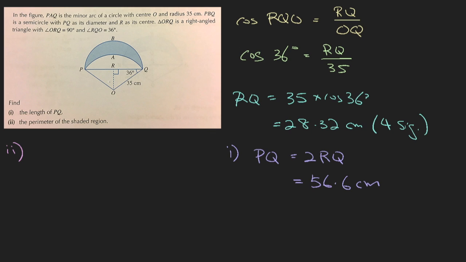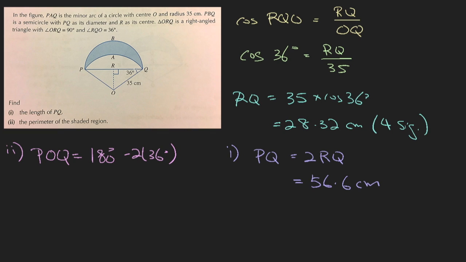So to do that, if you remember previously, I mentioned that the most important thing of this chapter is to realize that this arc is proportional to the angle here, POQ. So let's see what is POQ. POQ is equal to 180 degrees minus 2 times 36 degrees, because this is a triangle by itself, OPQ.